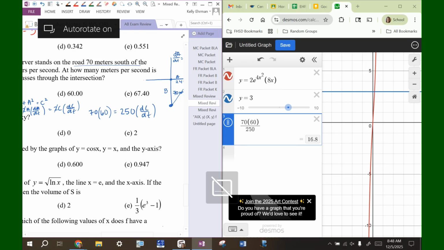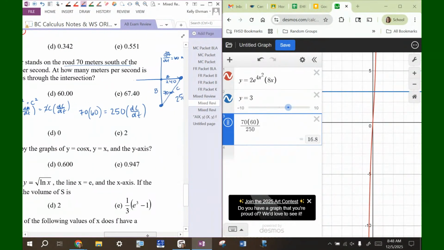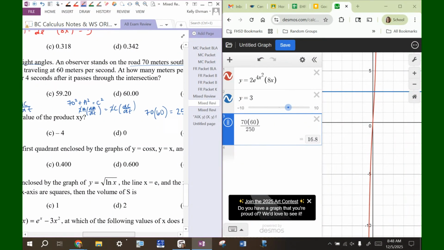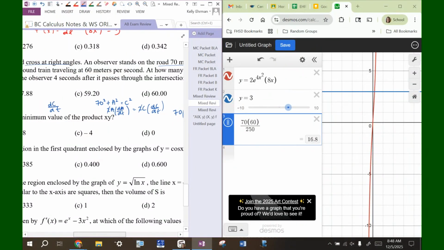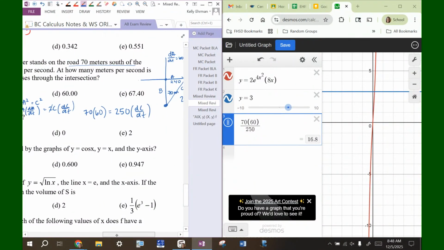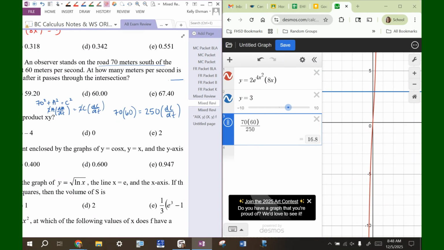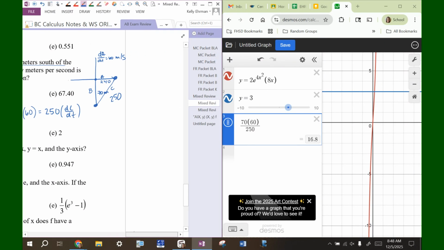At how many meters per second? Wait, how did I get 16.8? What did I do wrong here? Let's see. Oh, wait, A wasn't 70. My mistake. A was right here, 240.